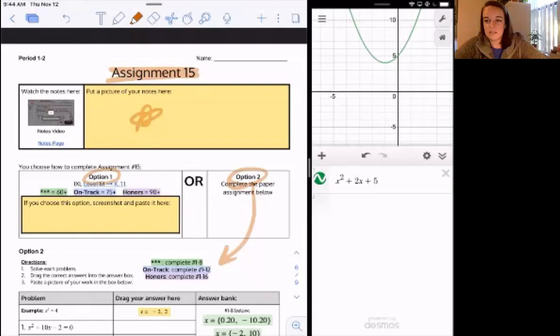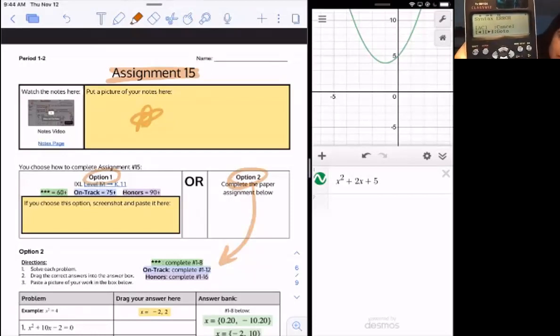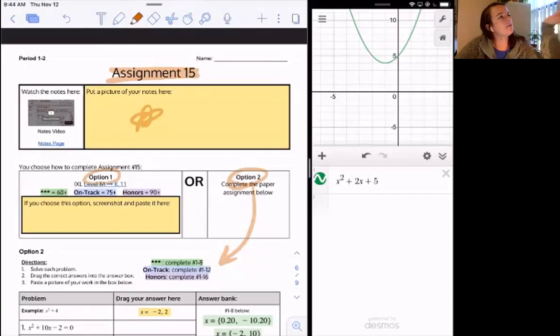Yeah, what's your question? Okay, so you know how you said we can put the b squared minus 4ac in the calculator? I did that and it says syntax error, cancel, go to. Can you press the left or right arrow to go to?